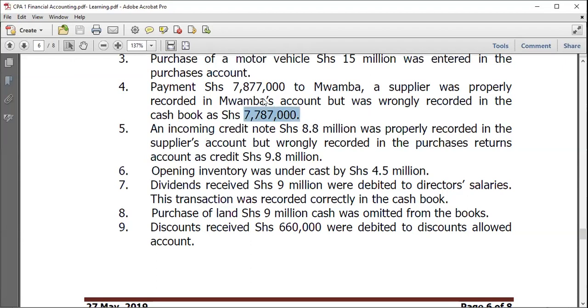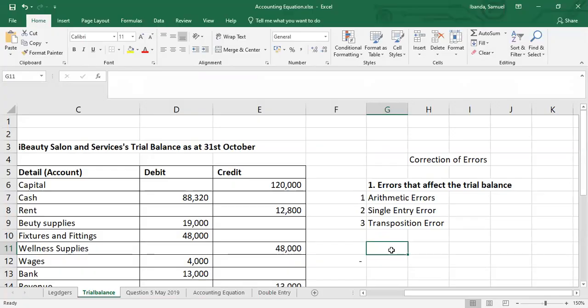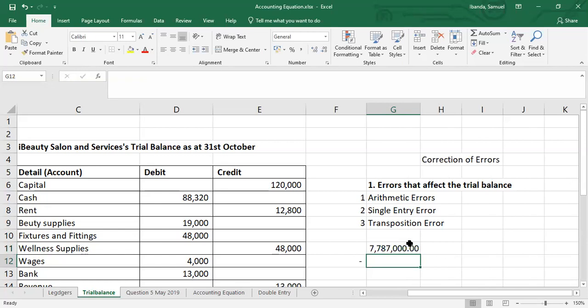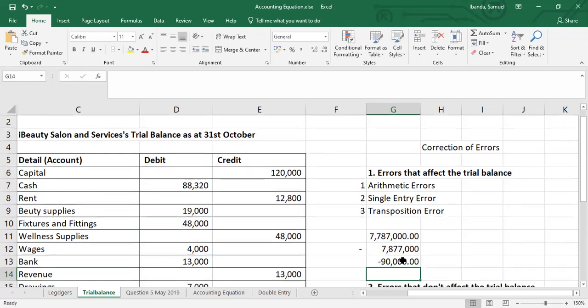Let's just try to get this value. So we have that value. That was what was recorded. And then we have this value. So the difference between these two values, this and this, is 90,000.